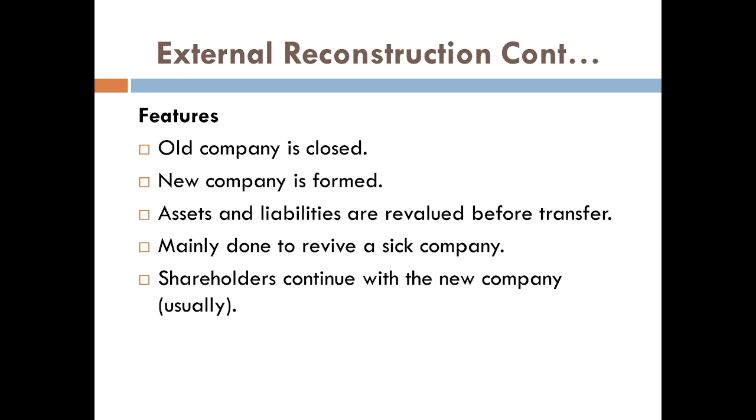By reconstructing the assets, liabilities and shareholders' funds of the old company, a new company is formed. The assets and liabilities are revalued before transfer, mainly done to revive a sick company. Shareholders continue with the new company, but the number of shares and the terms of shareholdings will depend on the kind of reconstruction that happens.